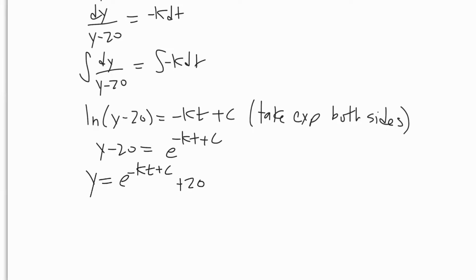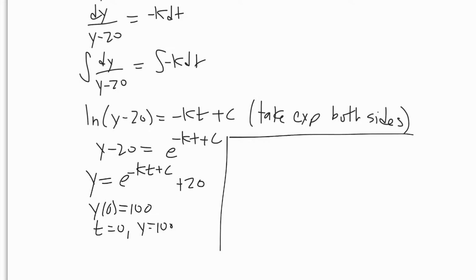All right, well, we clearly have way too many constants here, so we should solve for some of them. We know that y of 0 is equal to 100. So that means t is equal to 0 and y is equal to 100. Let's use that information. So over here we'll get 100 is equal to e to the negative k times 0 plus c, plus 20.